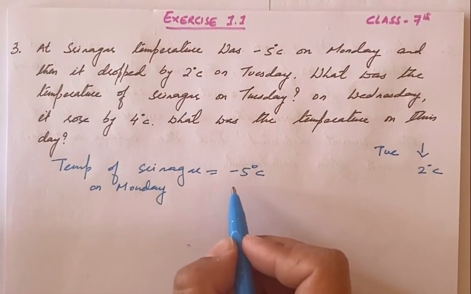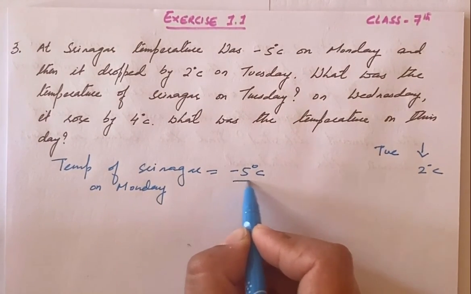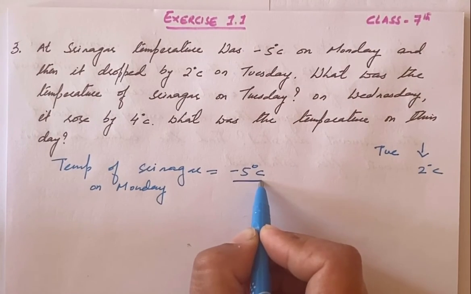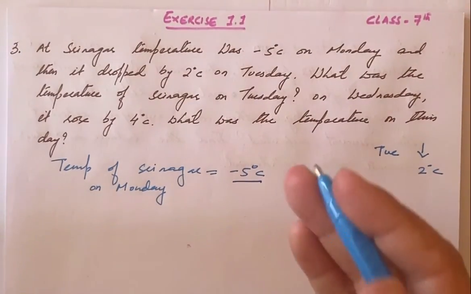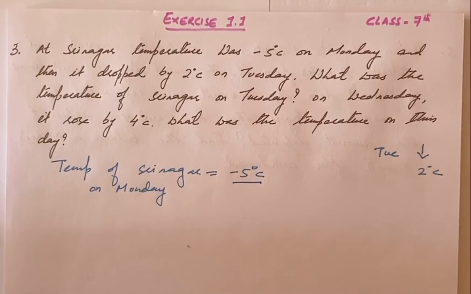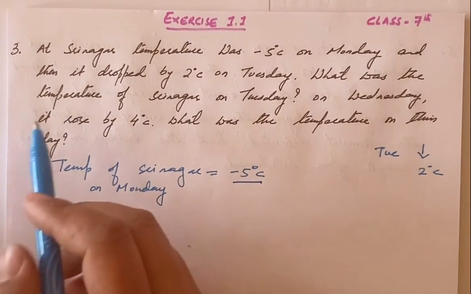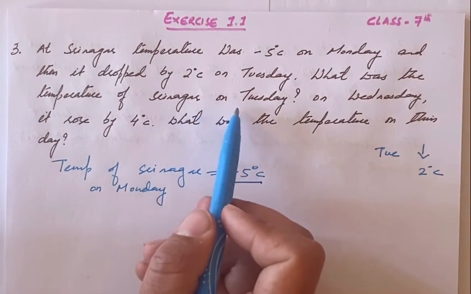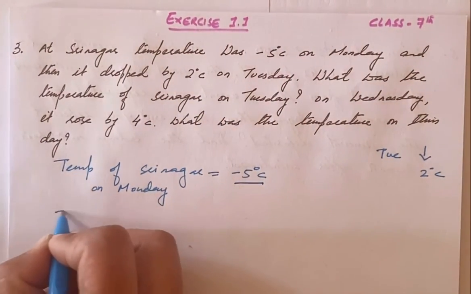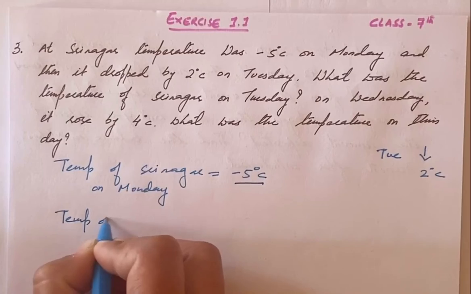If the temperature of Srinagar is minus 5 degrees Celsius on Monday, then on Tuesday it dropped, means it decreased by 2 degrees Celsius. So we have to find the temperature of Srinagar on Tuesday.